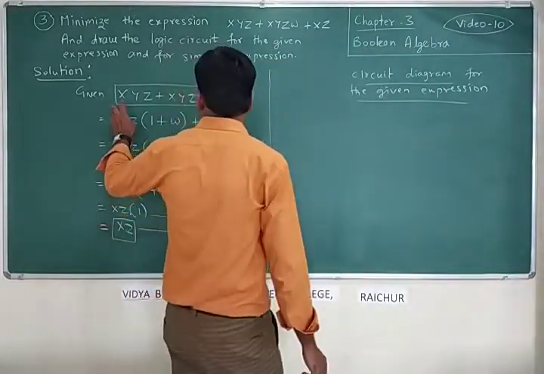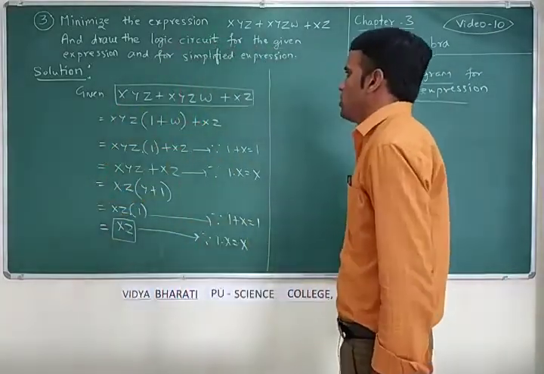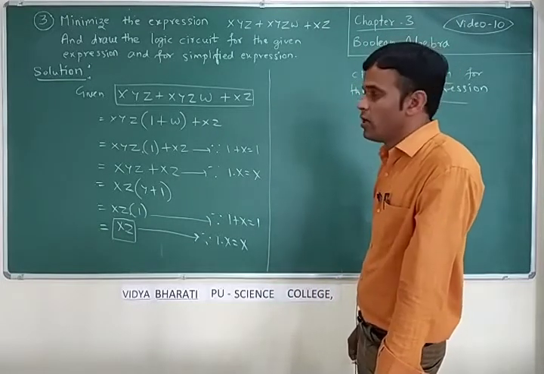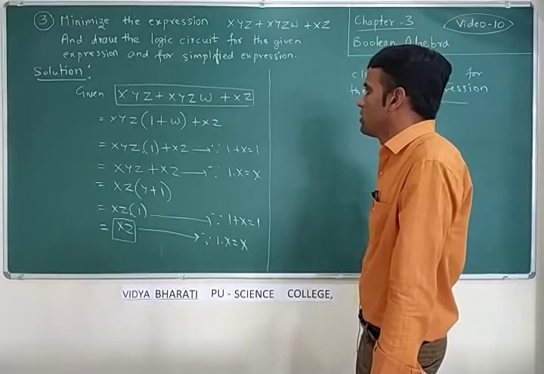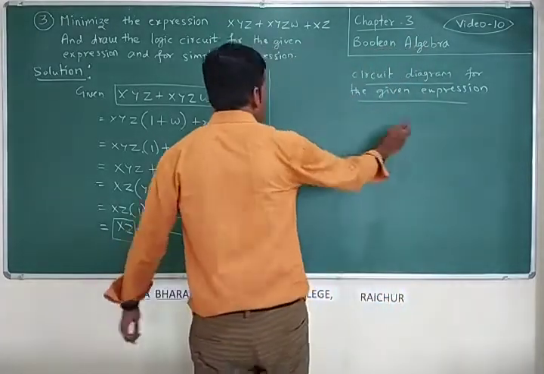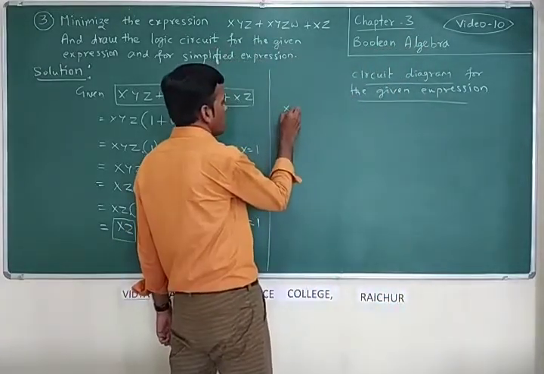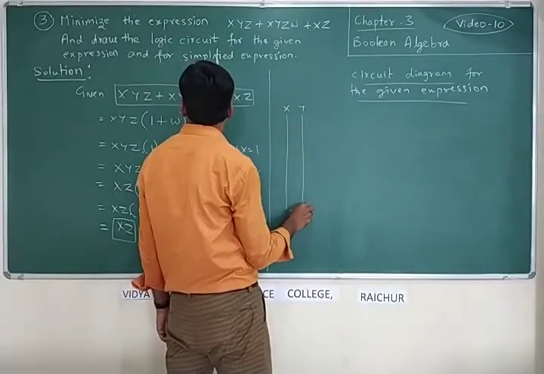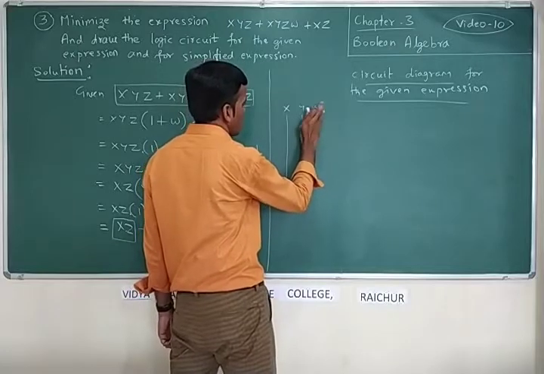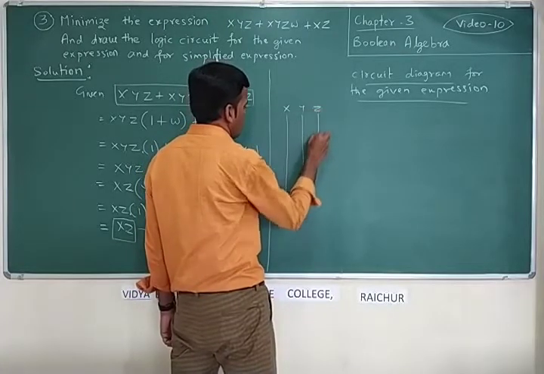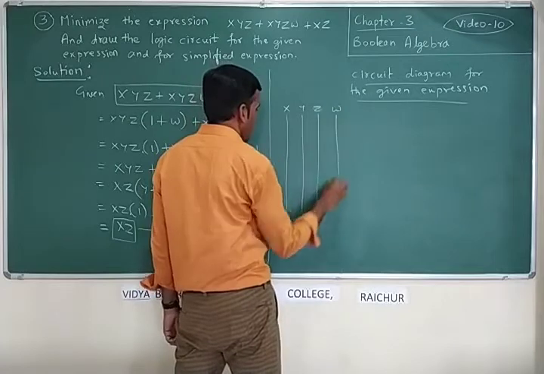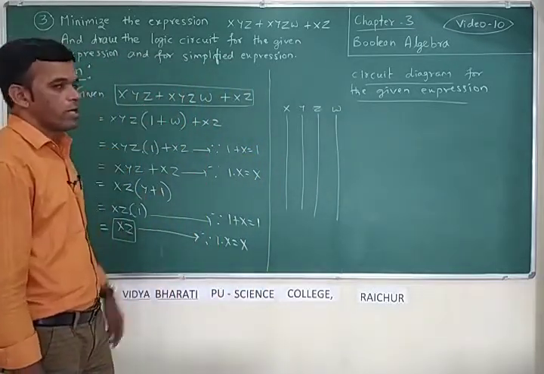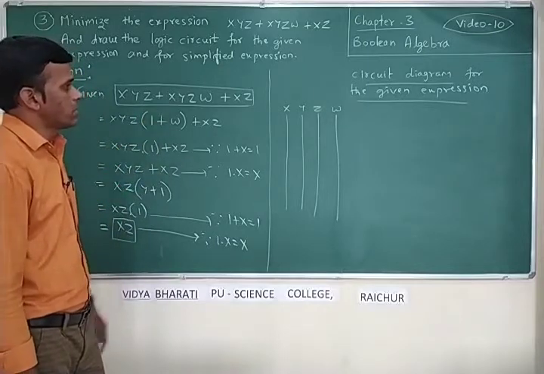Here, if you observe, in total we have 4 different variables: X, Y, Z, and lastly W.